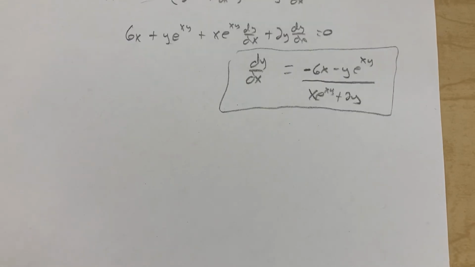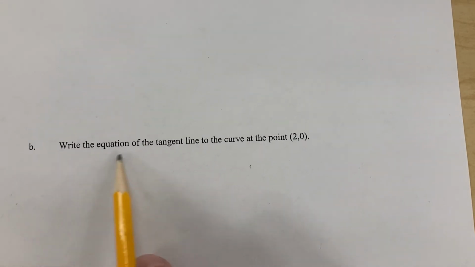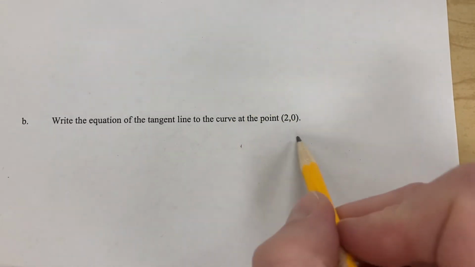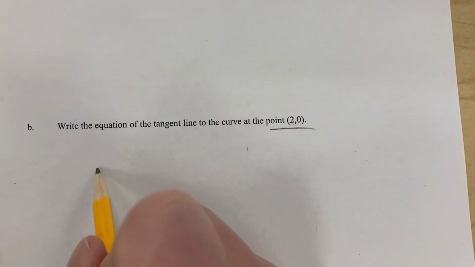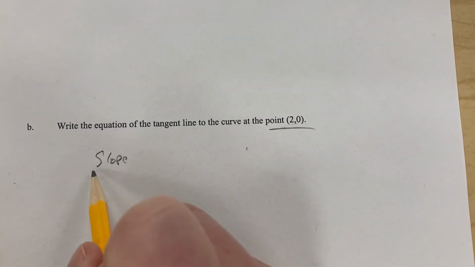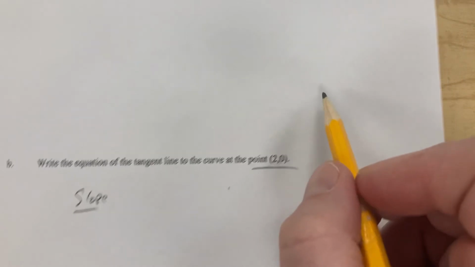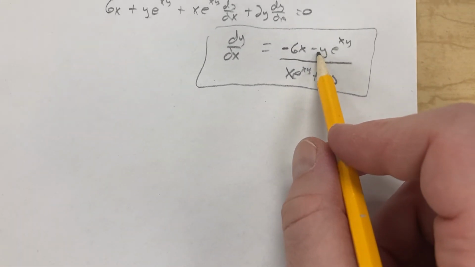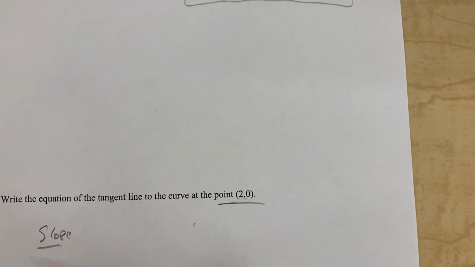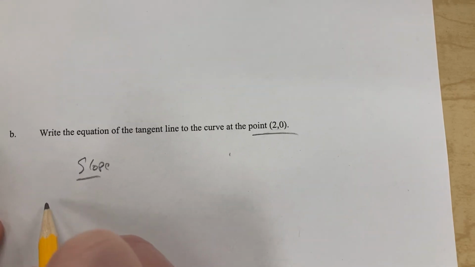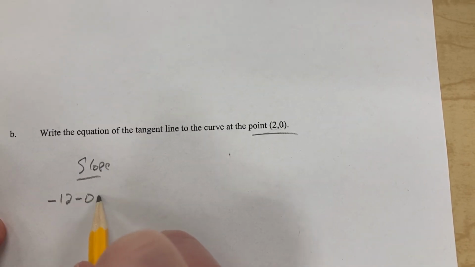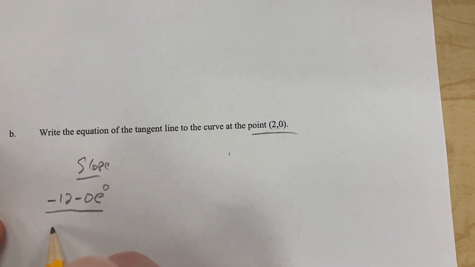Okay. And then this one says, can you write an equation of the tangent line at 2, 0? So we already got the point. As far as the slope goes, we're going to put 2 in for x and 0 in for y right in here. So if you do that, you're going to get negative 6 times 2, so that's negative 12, minus 0 times e to the 0 power, over 2 times e to the 0 power plus 2 times 0.